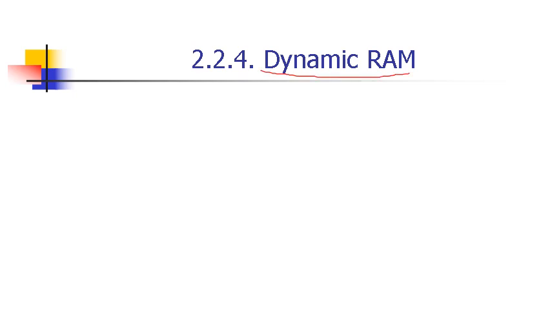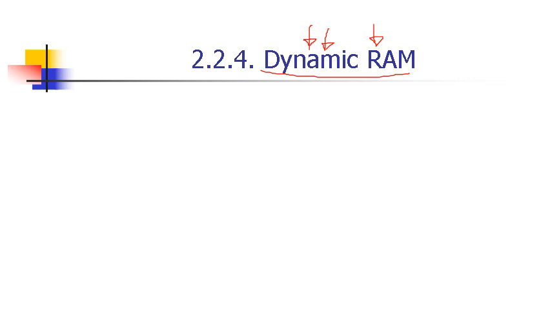Dynamic RAM. So the main difference between static RAM and dynamic RAM, this is dynamic RAM. This is a strange type of memory device where you have to frequently read and write the data inside your memory locations.